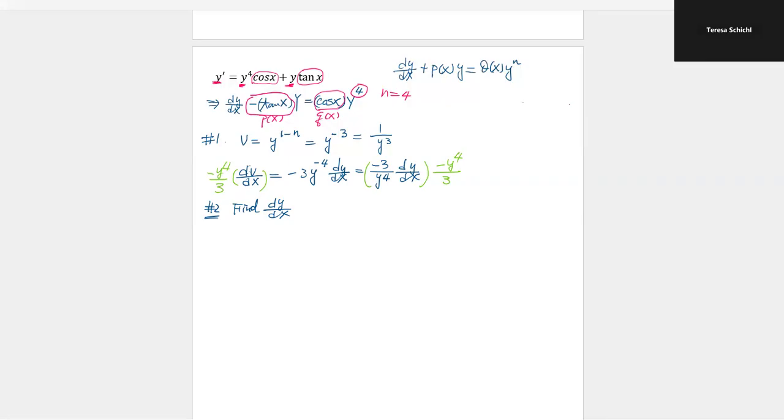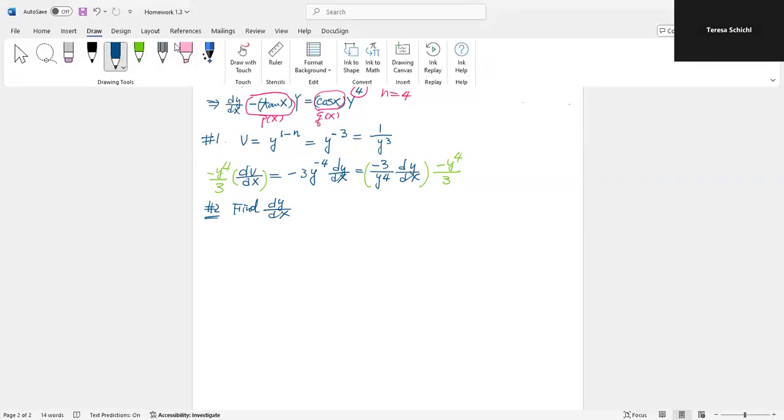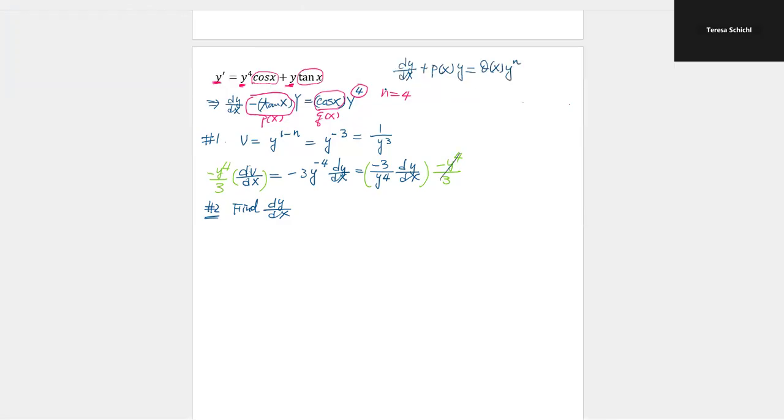After you do that, this negative cancels, and I have dy/dx here. So dy/dx will be negative 1/3 y to the 4th times dv/dx.